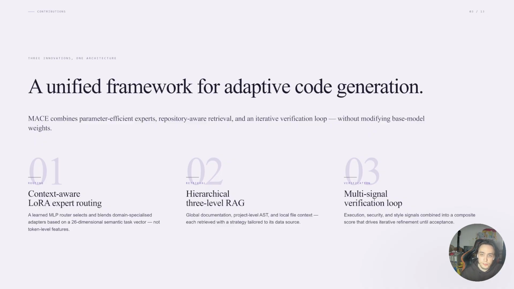Every piece of generated code is checked along three orthogonal dimensions: execution, security, and style. And if anything fails, the system regenerates with structured feedback. Importantly, the base model weights are never touched. Every adaptation is parameter-efficient and ephemeral.